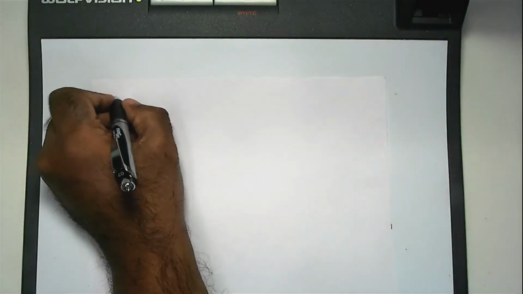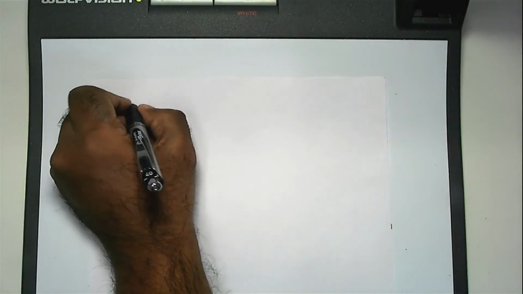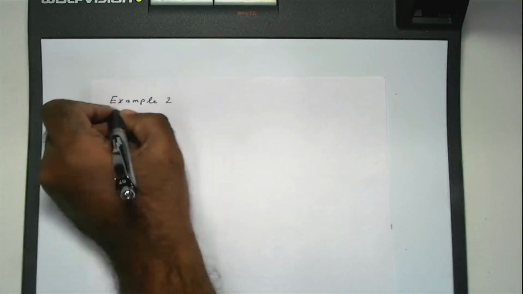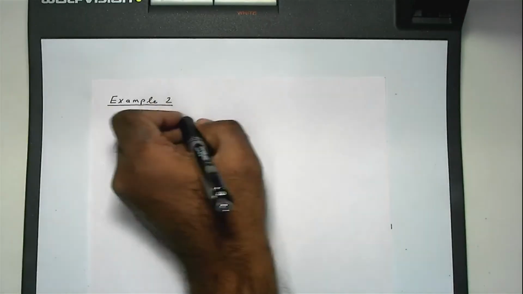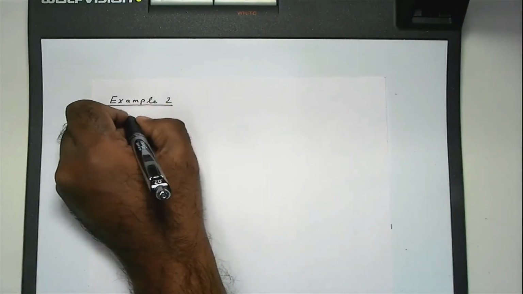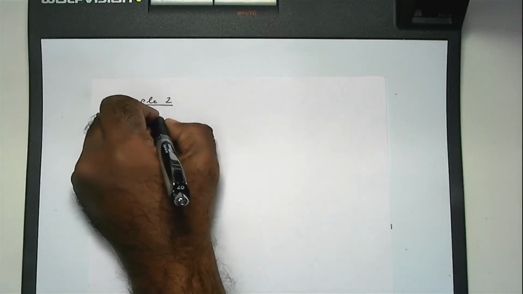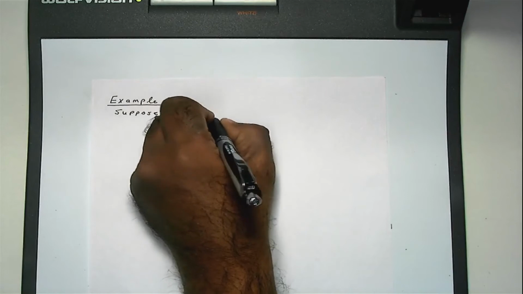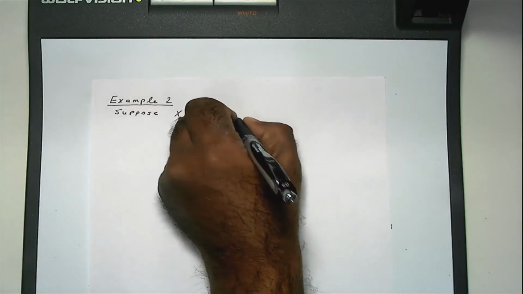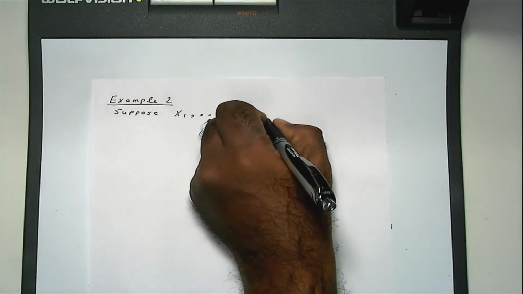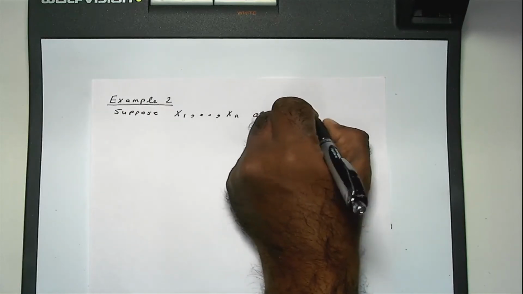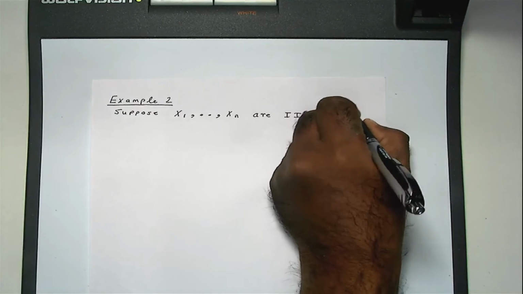Example 2. So suppose x1 to xn are IID from a Poisson distribution with parameter theta.